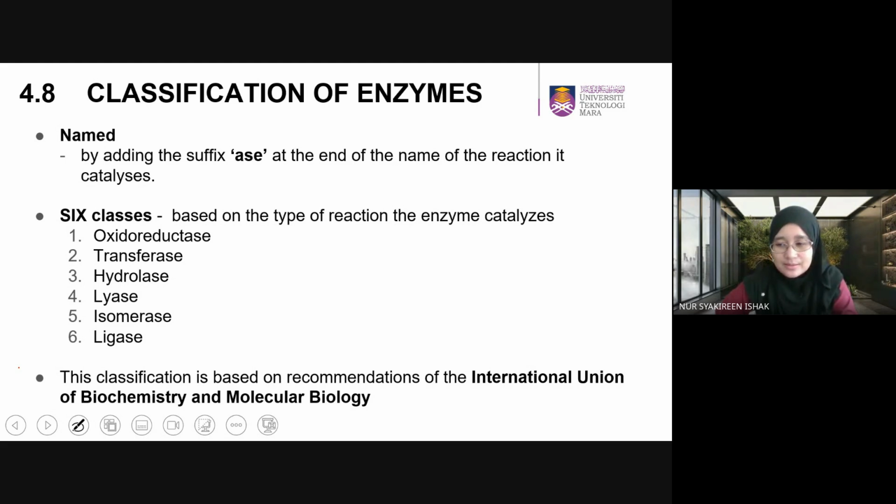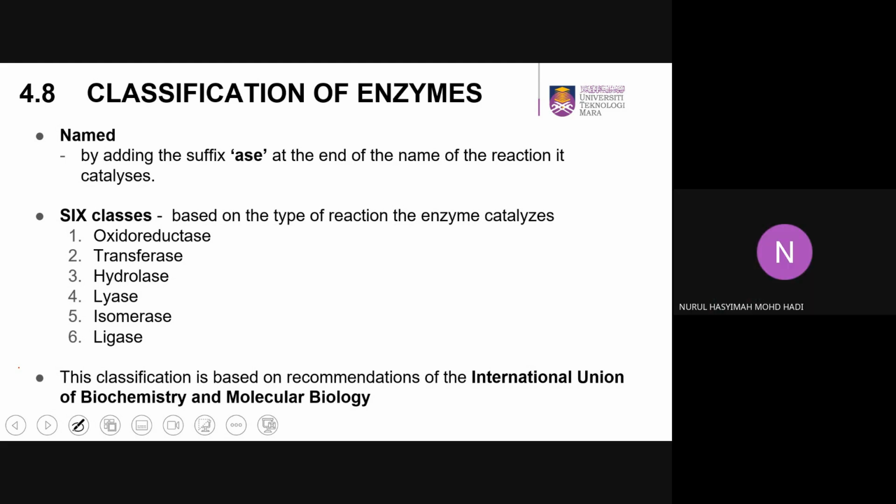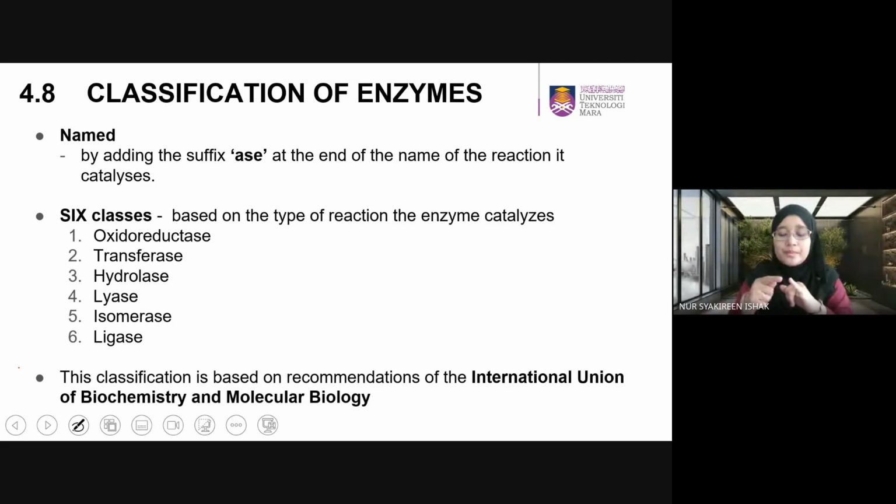Ada soalan? No. Okay, so just to recap, to wrap up, what we have looked at during this lecture is that you have to know there are conditions within the cell that regulate enzyme activity. First is the presence of a regulatory molecule, either an activator or inhibitor.